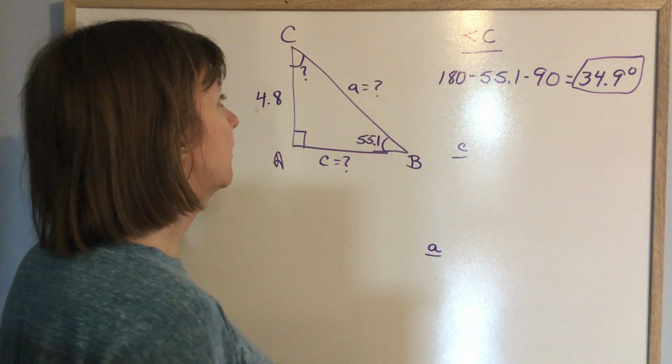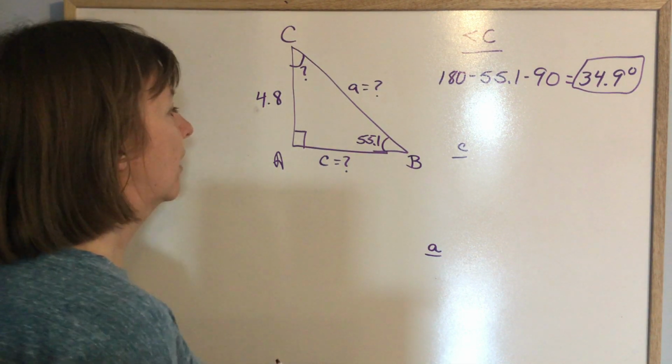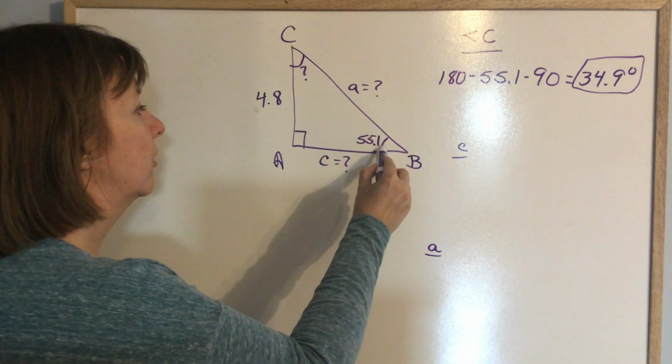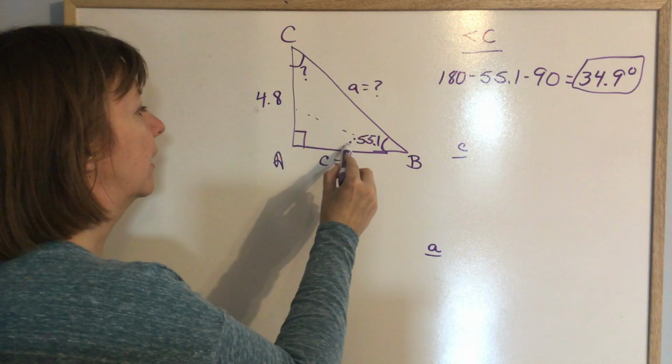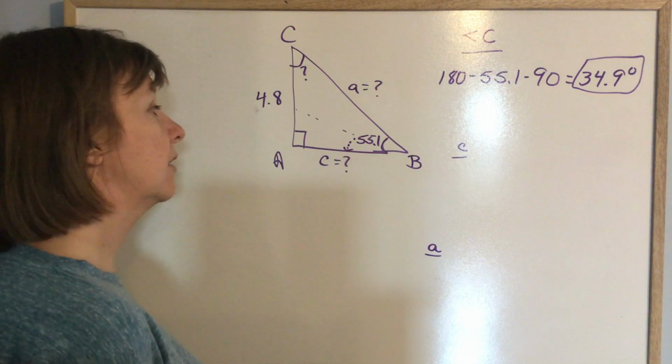So, little c, let's say I want to find that. If I use angle B as my reference angle, I know my opposite side, and angle C would be my adjacent side.